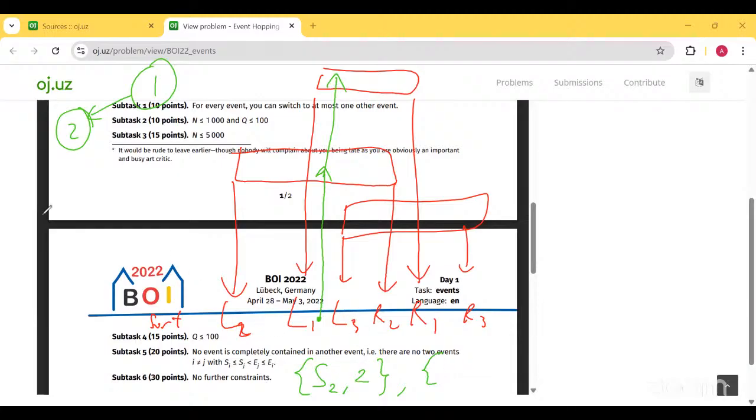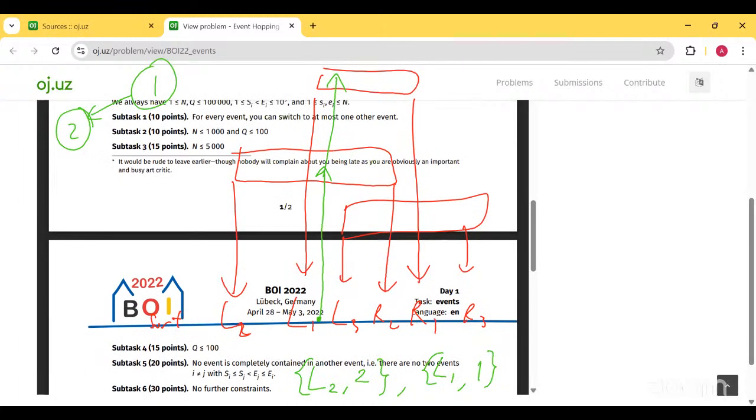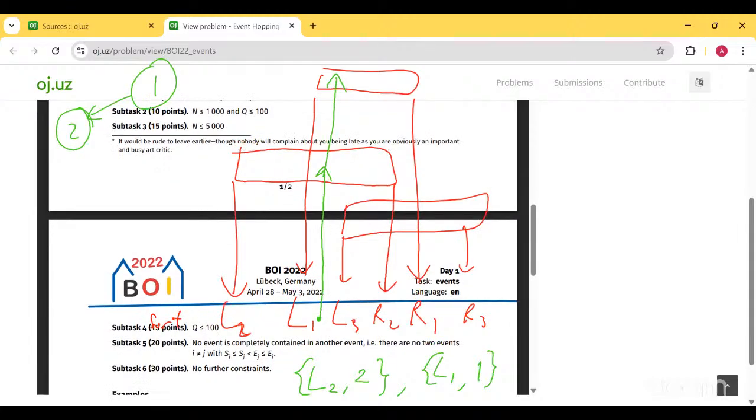And let's use LNR. This is the starting point of 2 and the starting point of 1. And the starting point of 1 is greater than the starting point of 2. And then from this set, what can we conclude?